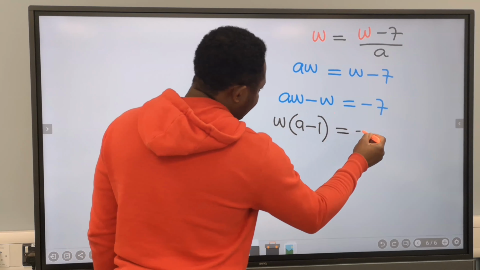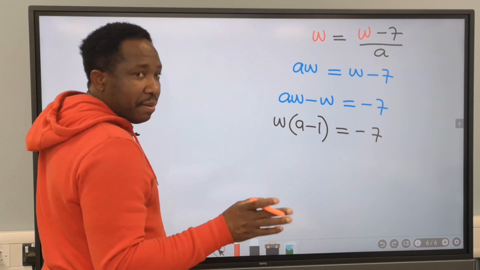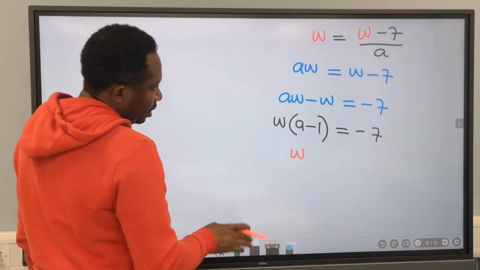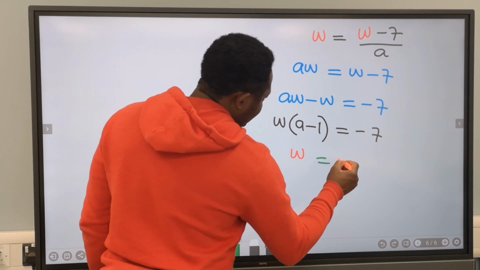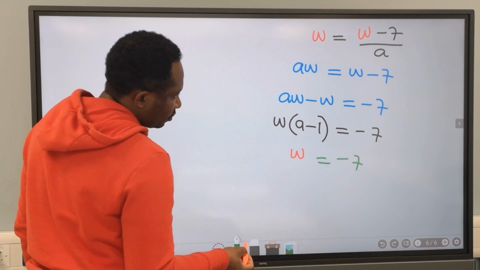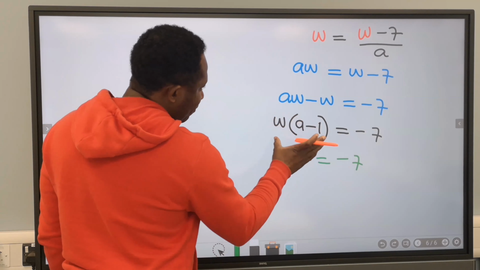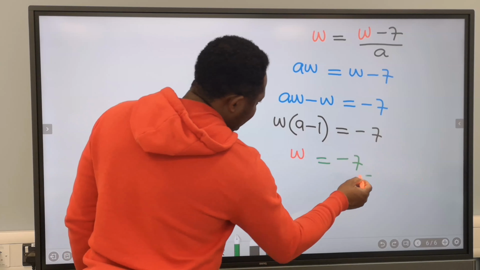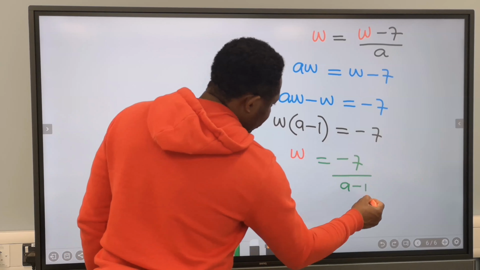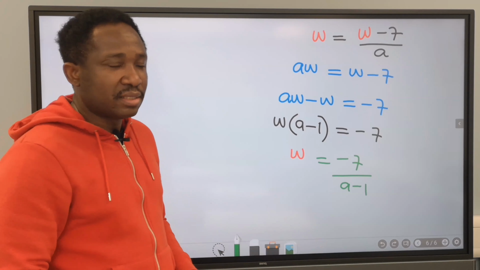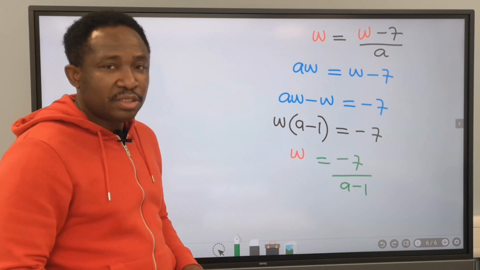And on this side, I have minus 7. My aim is to isolate this w. On this side, I have minus 7. This is multiplying w. Everything here will move across and is going to divide. And this becomes our answer, making w the subject here.